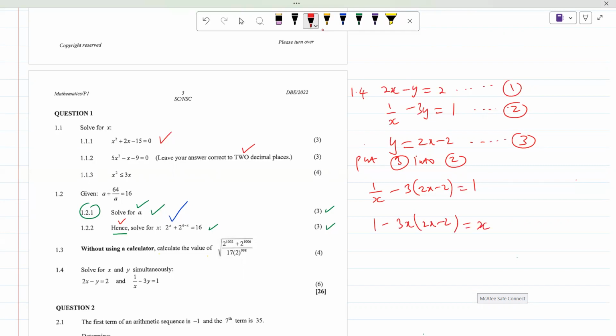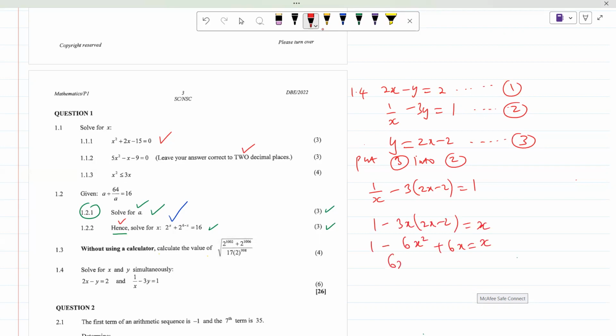So I multiply through by the LCD, which gives 1 minus 6x squared plus 6x is equal to x.